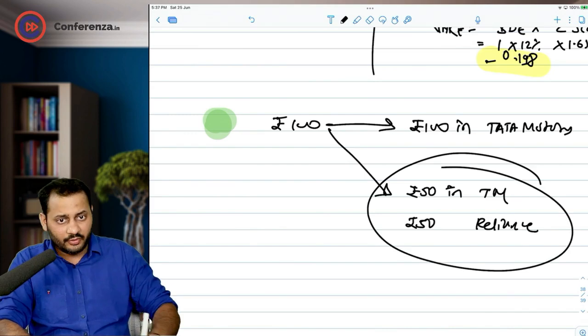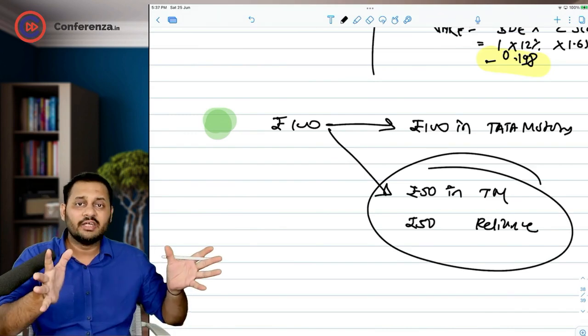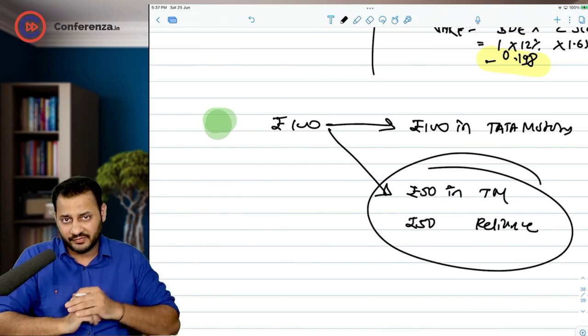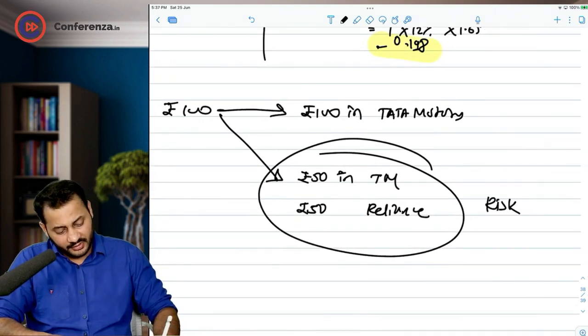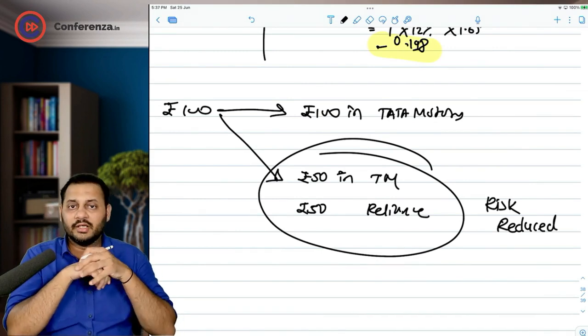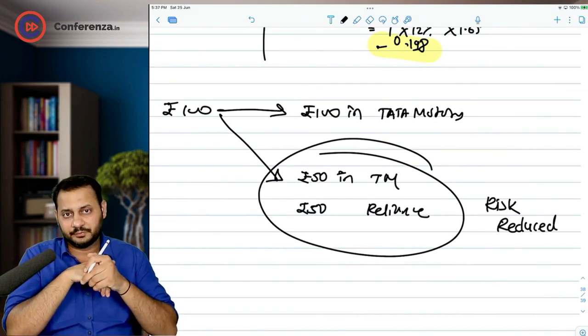This process of spreading your investment is called diversification. And the benefit of this is that risk can be reduced. This is what we learned in that lecture.